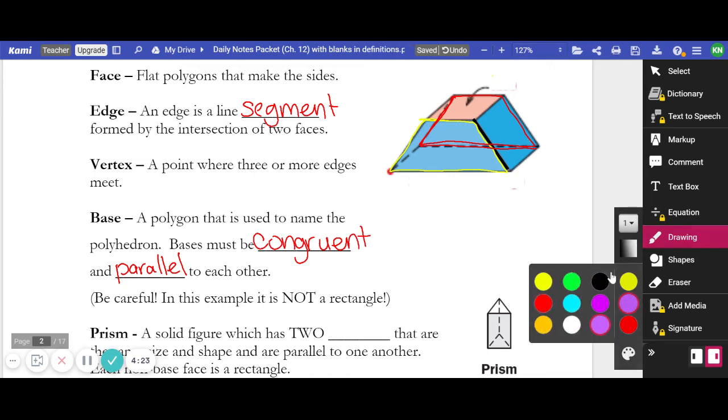Those are the bases. They are the same amount away from each other. These sides are all rectangles, so this purple segment is the same distance all the way around. Those two trapezoids are congruent and the same distance apart from each other, so they are the bases.